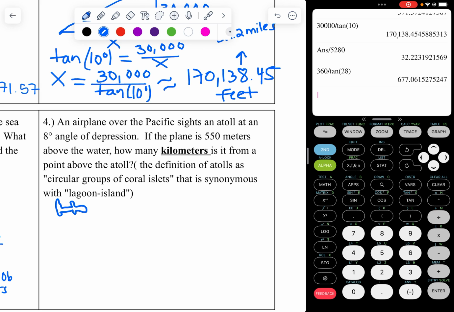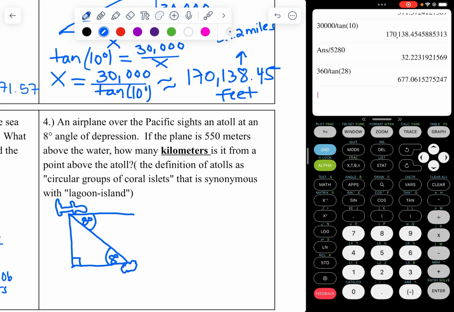It's flying over the Pacific, and so its angle of depression with this atoll, so this circular group of coral islets. So we're just going to pretend here's an island. So this angle of depression here is 8 degrees. So that means this one down here would also be 8 degrees by alternate interior angles.